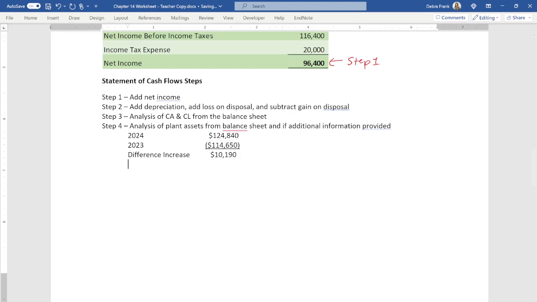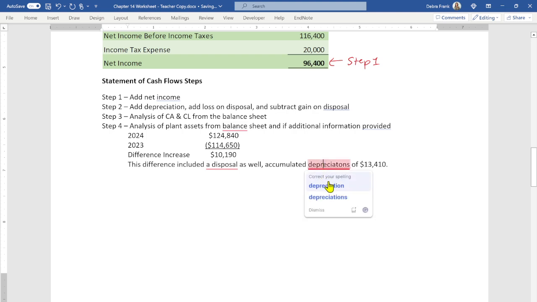So this difference included a disposal as well, right, in that paragraph. It was sold for 0 and it had accumulated depreciation. So we'll need to add that back in as well.